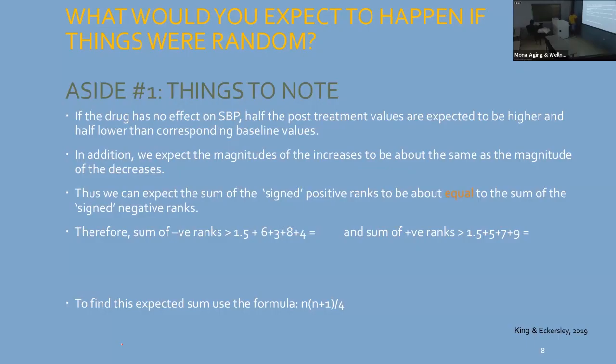If the drug made no difference, we expect that under the negative ranks we're going to have some low readings and some high readings, and under the positive ranks, some low readings and some high readings. So I grouped these figures together so that you can take the sum of each and tell me what you get.